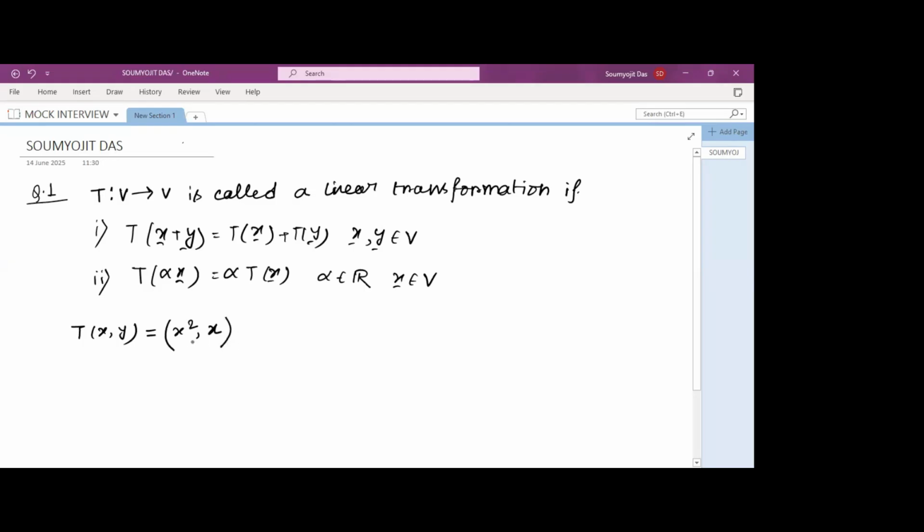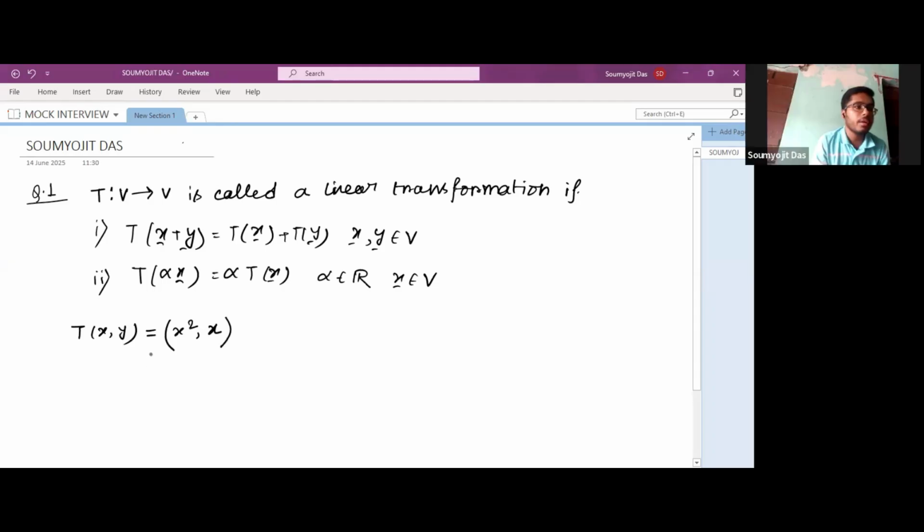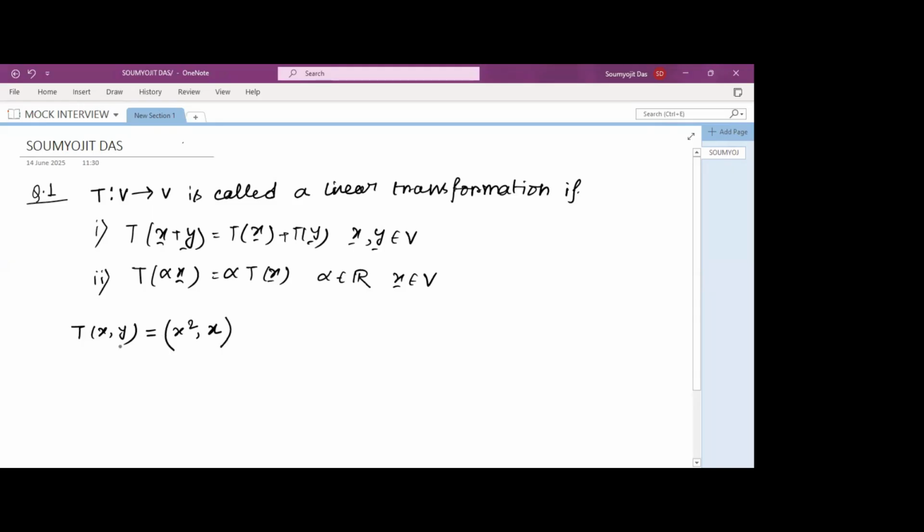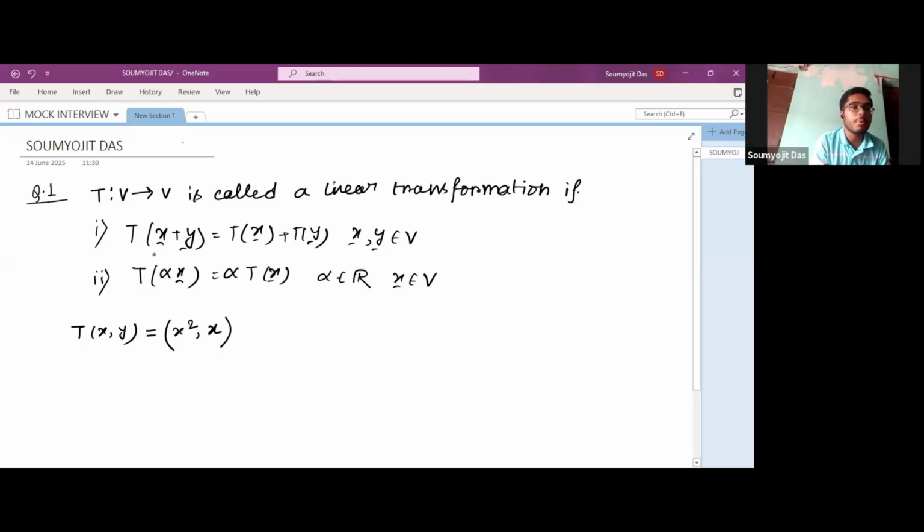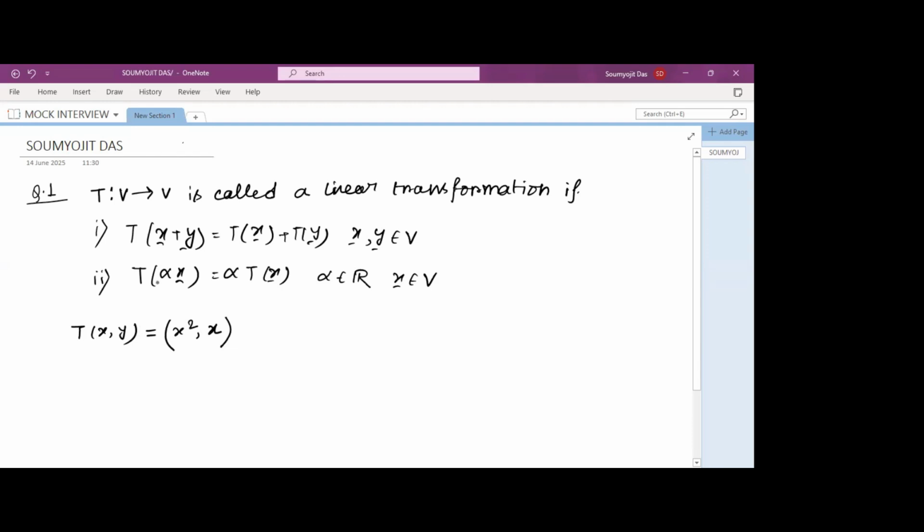Is this a linear transformation? No, sir. I don't think this will be a linear transformation. Okay. Which property is it not satisfying? Sir, I think the first property will be violated here. Not the second one. No, sir.